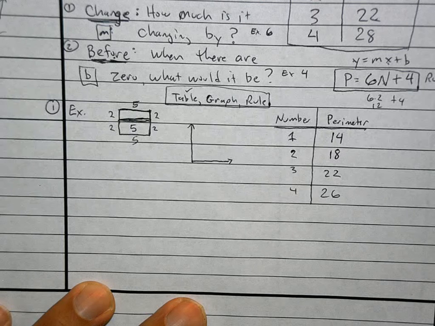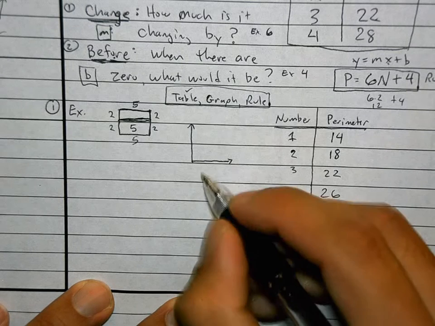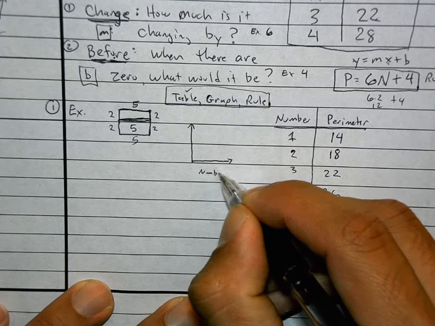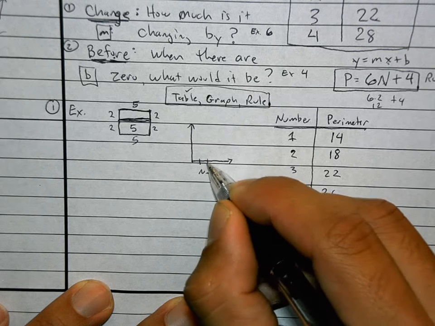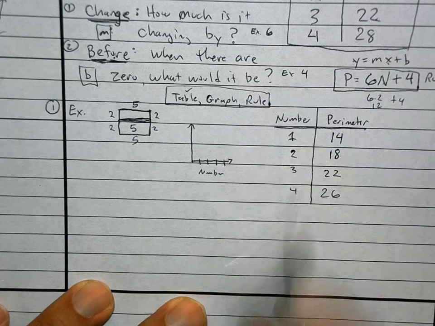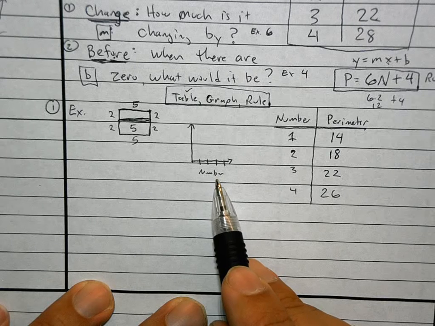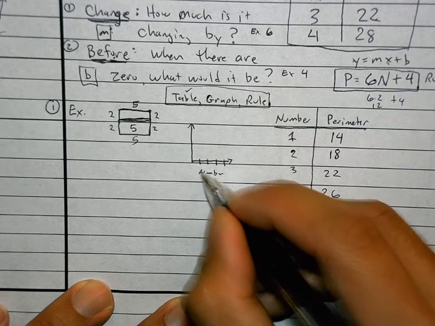I hope you know which one is your x-axis. Which one's going to be our x-axis? Number or perimeter? So I'm going to put number. And the number of rectangles that we have, or we can put rectangles if I want to, like that.